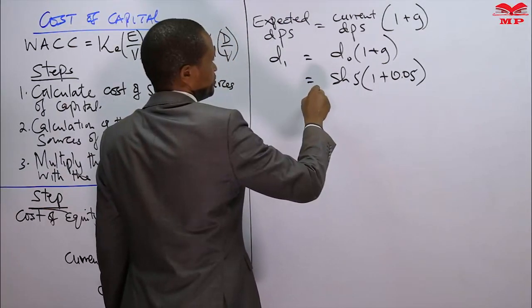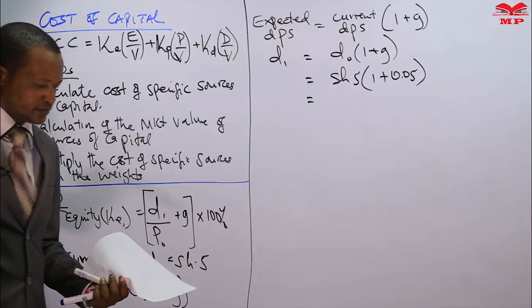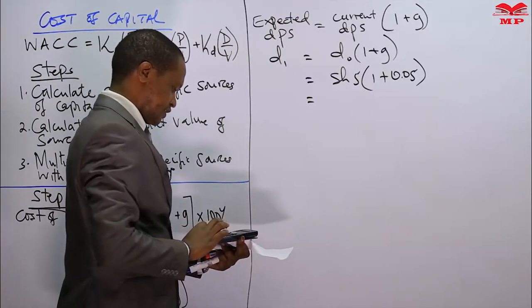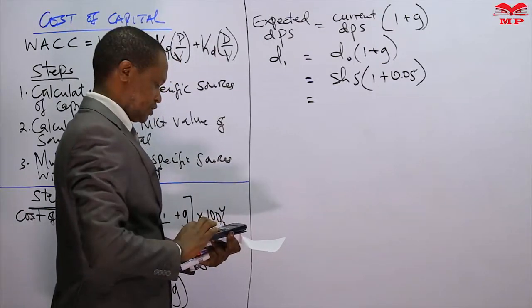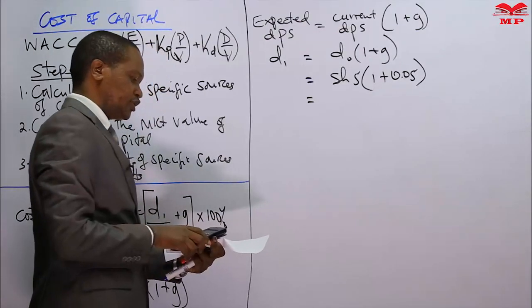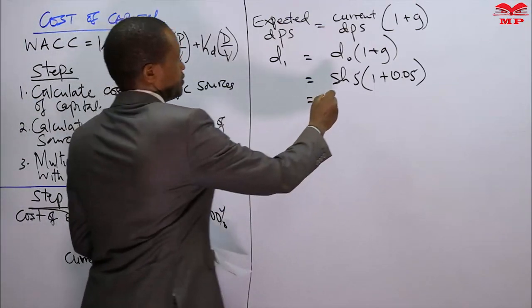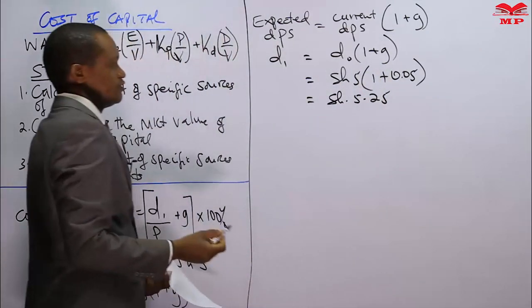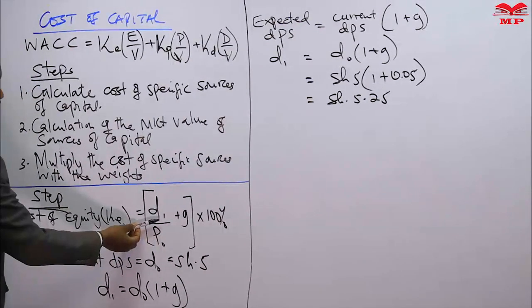So the expected dividend should be 5 into 1.05, 5.25. 5.25 shillings. 5 shillings and 25 cents. So that is the expected dividend.